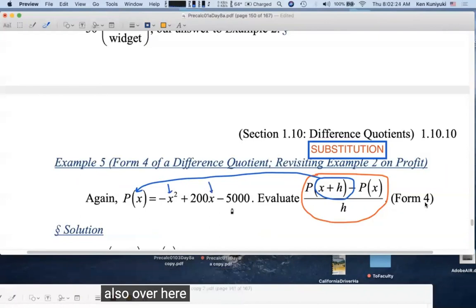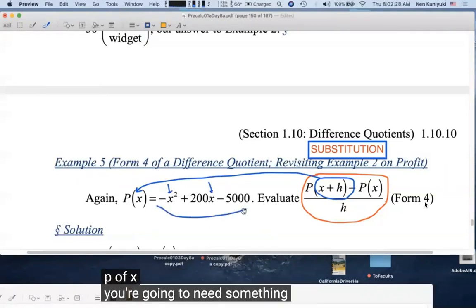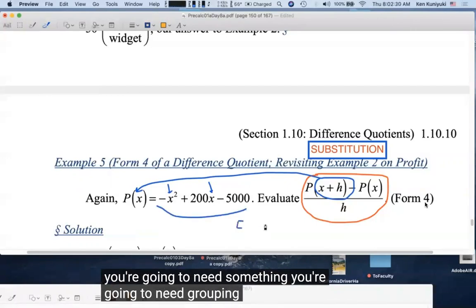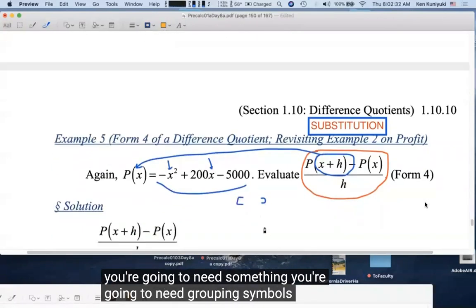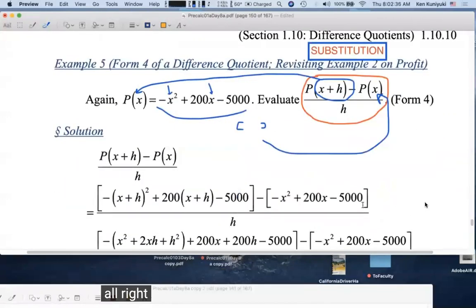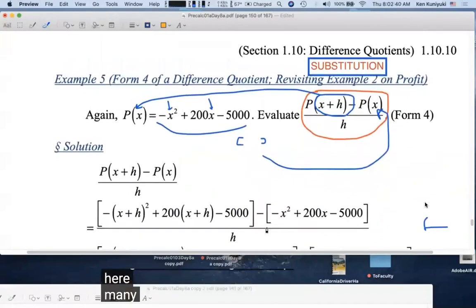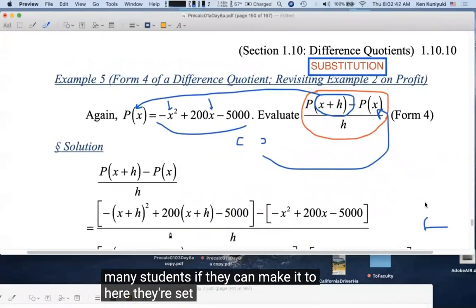Also over here, when you plug this in for P of x, you're going to need grouping symbols. All right, so this is a big first step here. Many students, if they can make it to here, they're set.